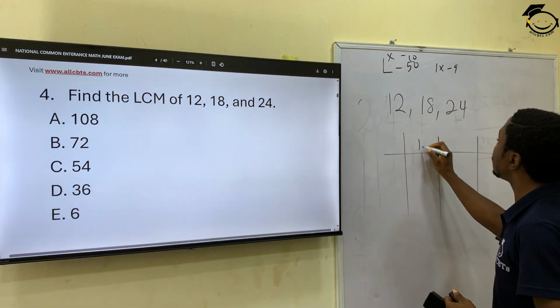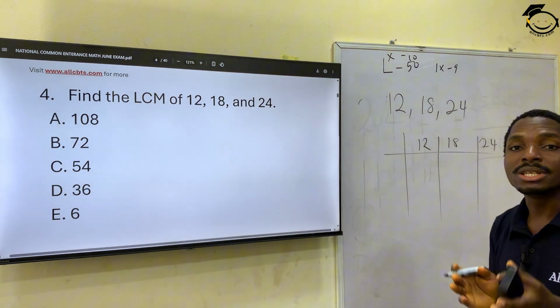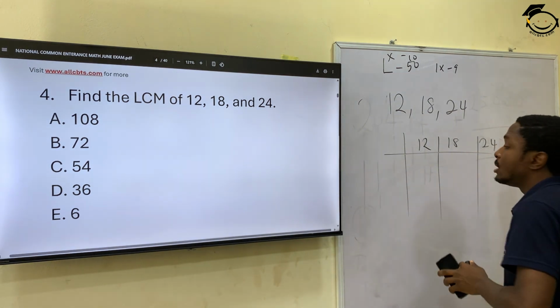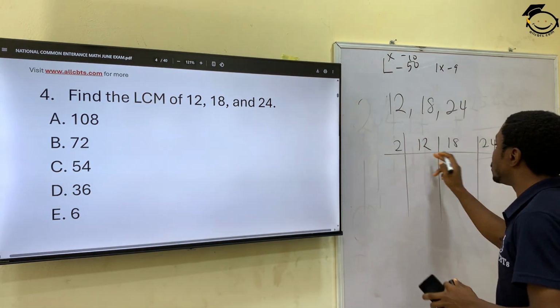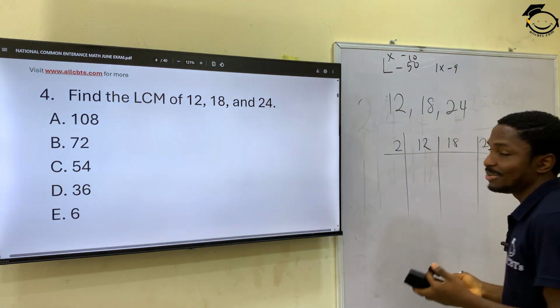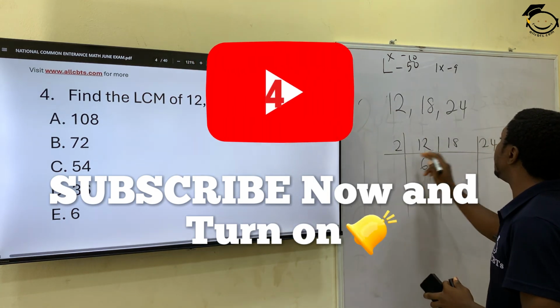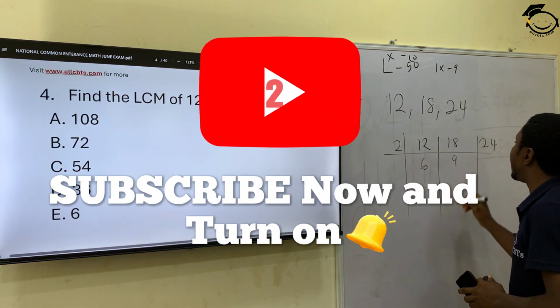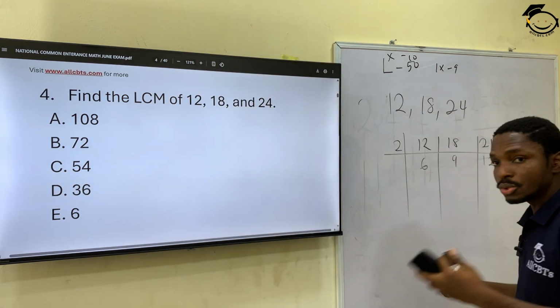You have 12, 18, and 24. You start with the smallest number that can divide all three, which is 2. How many 2s will you see in 12? You have 6. How many 2s in 18? You have 9. How many 2s will you get in 24? You have 12.